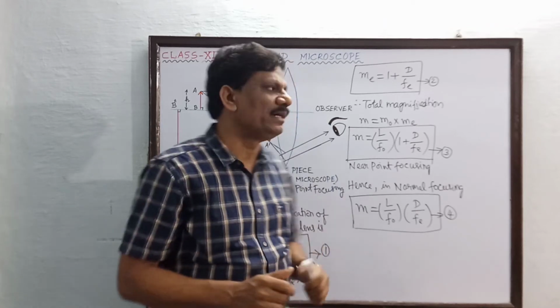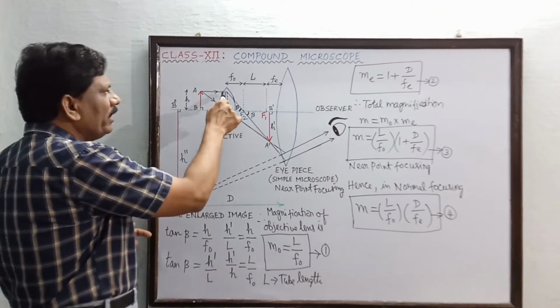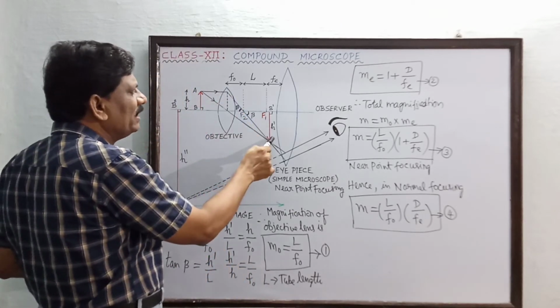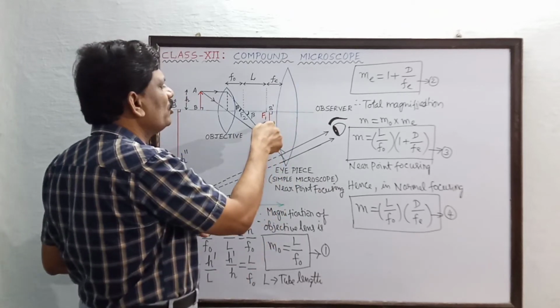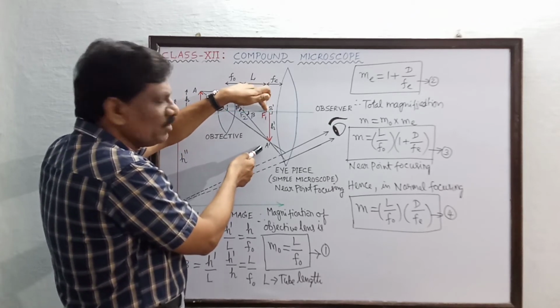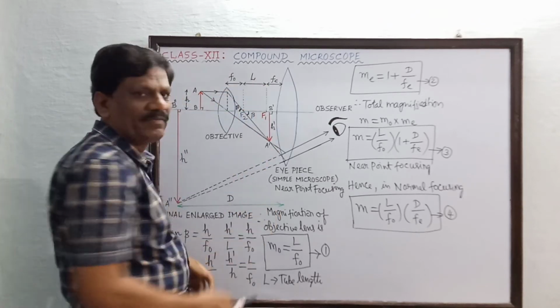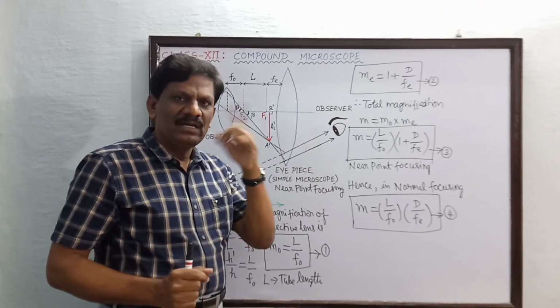So the objective should have a short focal length. And then only you can form the image a little closer itself, so that the other lens should be at least twice the size of the image produced by the first lens.